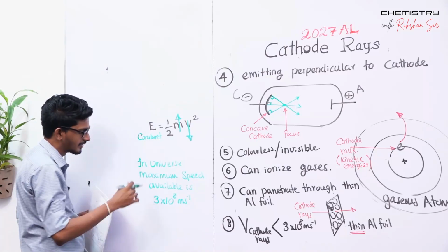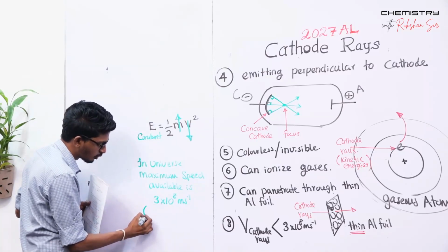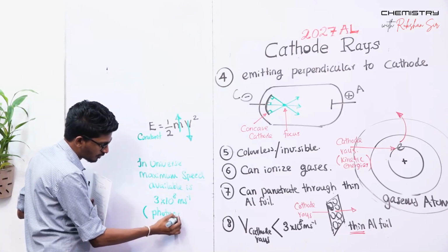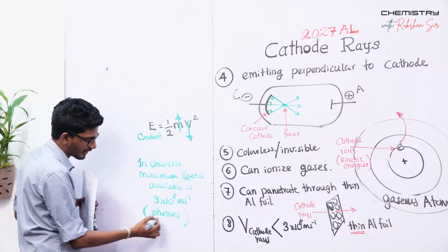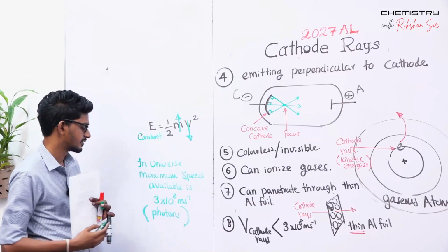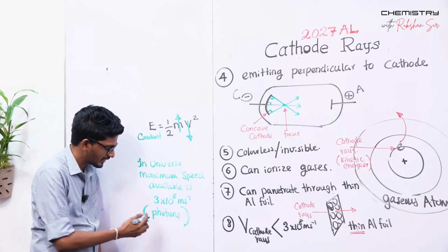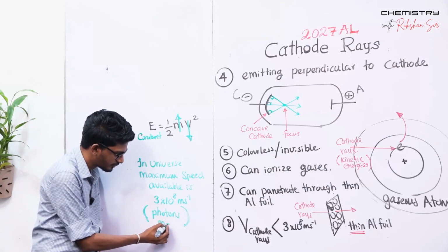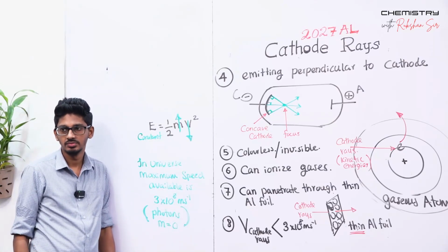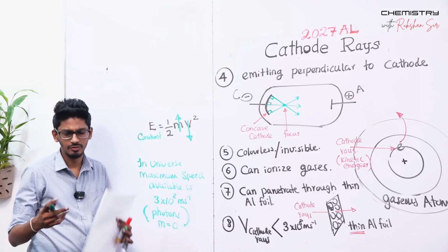Only light photons travel with this speed. Photons are the only particles, actually light particles, that travel with the speed of light, and their mass is equal to 0. This is just kind of an imaginary concept.